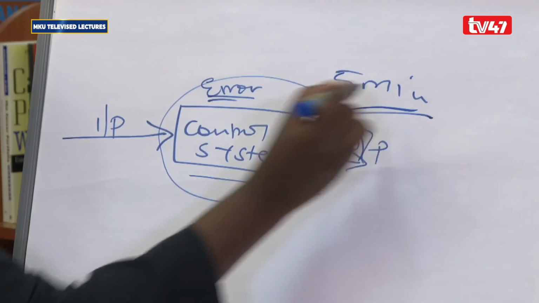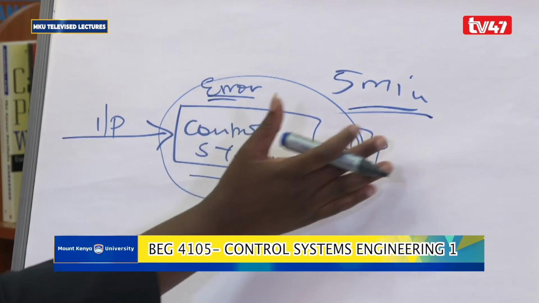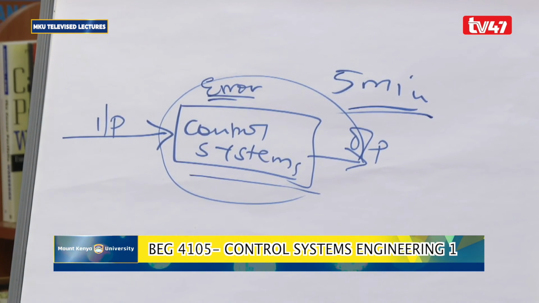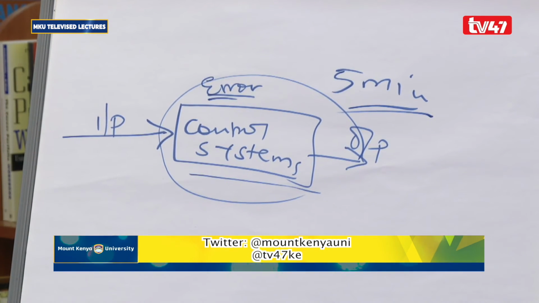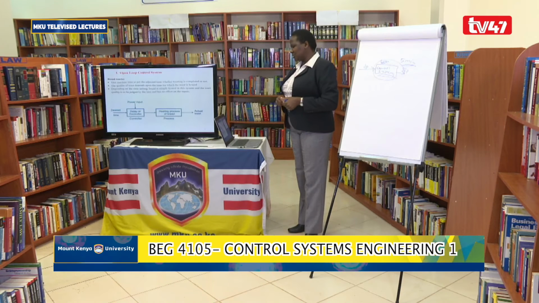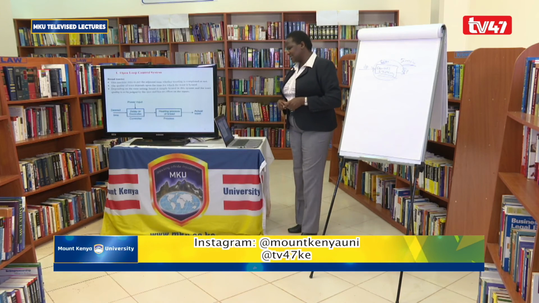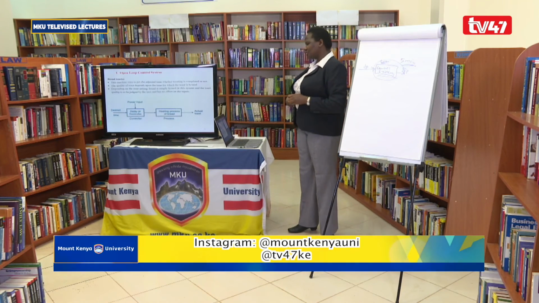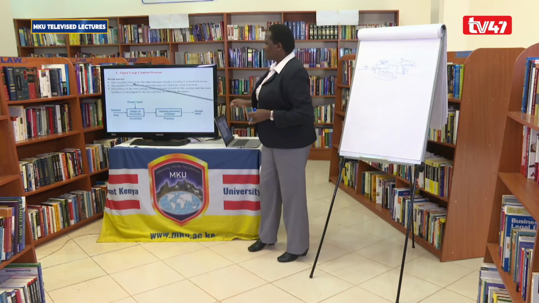Supposing the 5 minutes was too much for the bread to be toasted, the output will be a dark toasted bread or something which is burnt. So I've said the quality of toast depends upon the time for which the toast is heated. Depending on the time setting, bread is simply heated in this system and the toast quality is to be judged by the user. So that is what I've said.